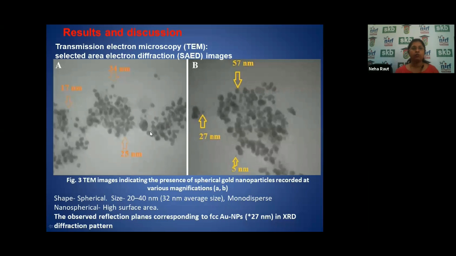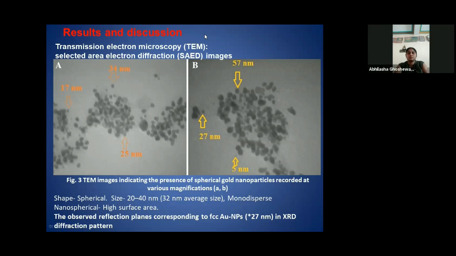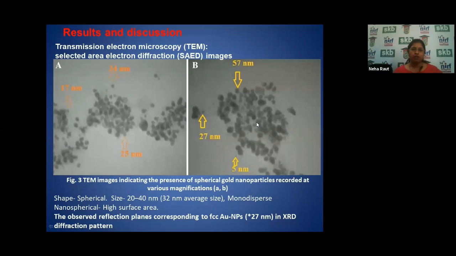So the two are at different magnifications. In these, you can see 57 nanometer, and spherical shaped nanoparticles. Some are 27 nanometer, some are 5 nanometer. So the shape is spherical.